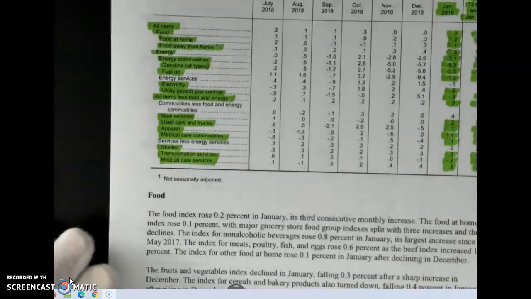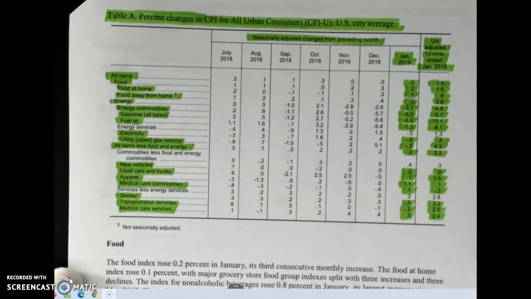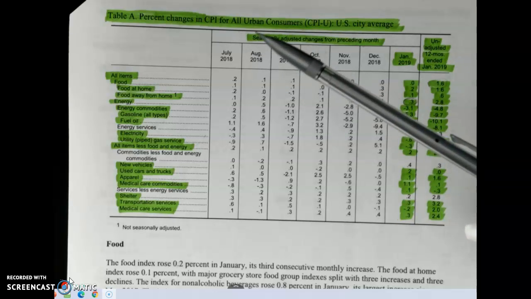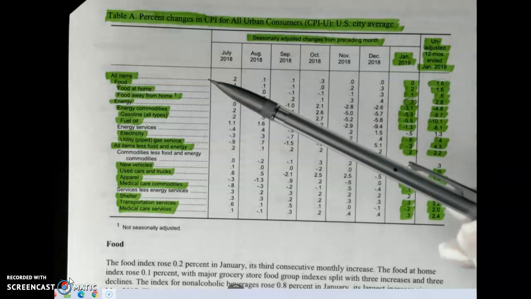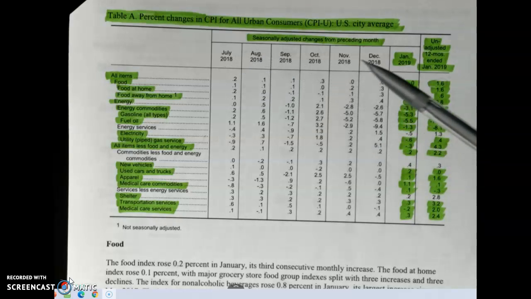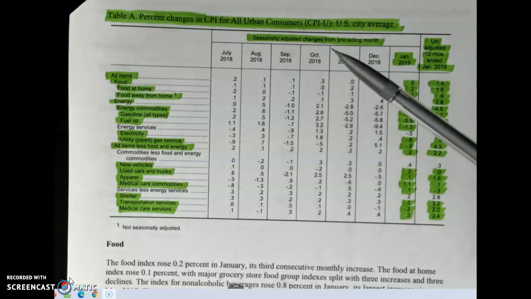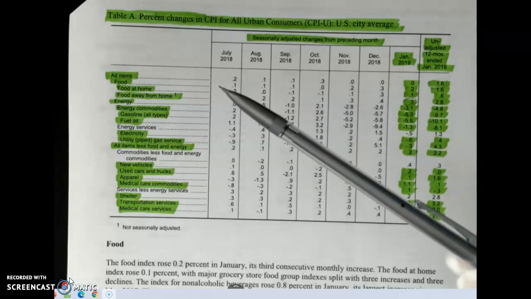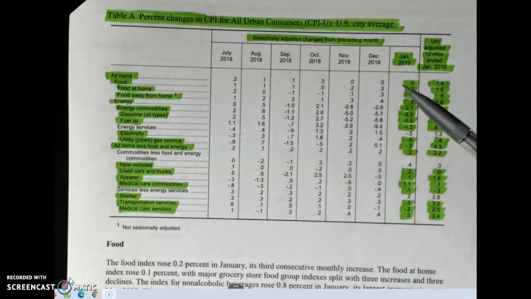If we go to table A, this one is kind of a more abbreviated form for the consumer price index, all items. It looks at it for each month, and it's doing the seasonally adjusted changes from the preceding month, and then it gives us an unadjusted 12-month ending. So for example, for all items from December 2018 to January 2019, we had zero inflation. What I should say is for the month of January 2019, we had zero inflation.